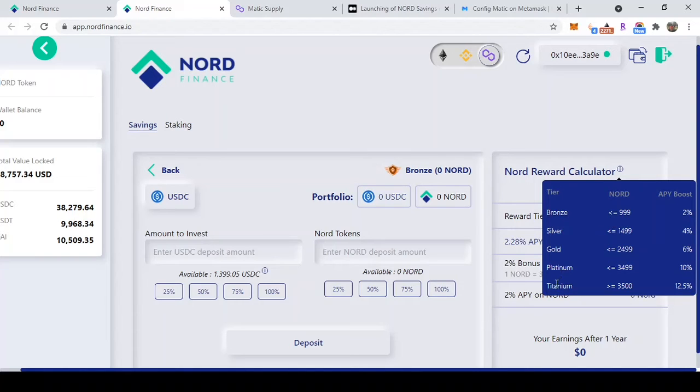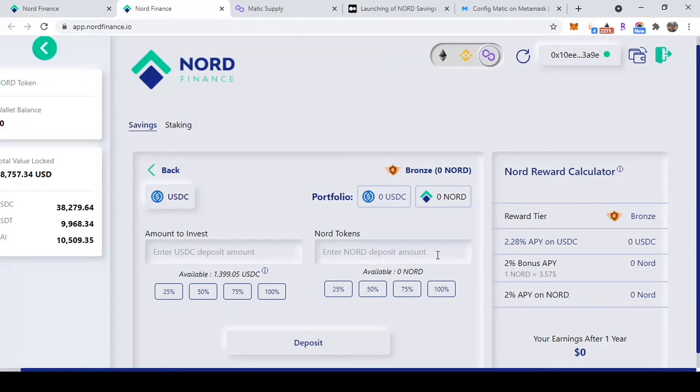To obtain the highest tier level, which is Titanium, a deposit of 3,500 or more Nord tokens is required. At the Titanium level, you get the highest rewards: a 12.5% APY bonus on your USDC deposited, and a 12.5% APY bonus on your Nord tokens deposited, both of which will be paid to you in the form of additional Nord tokens.